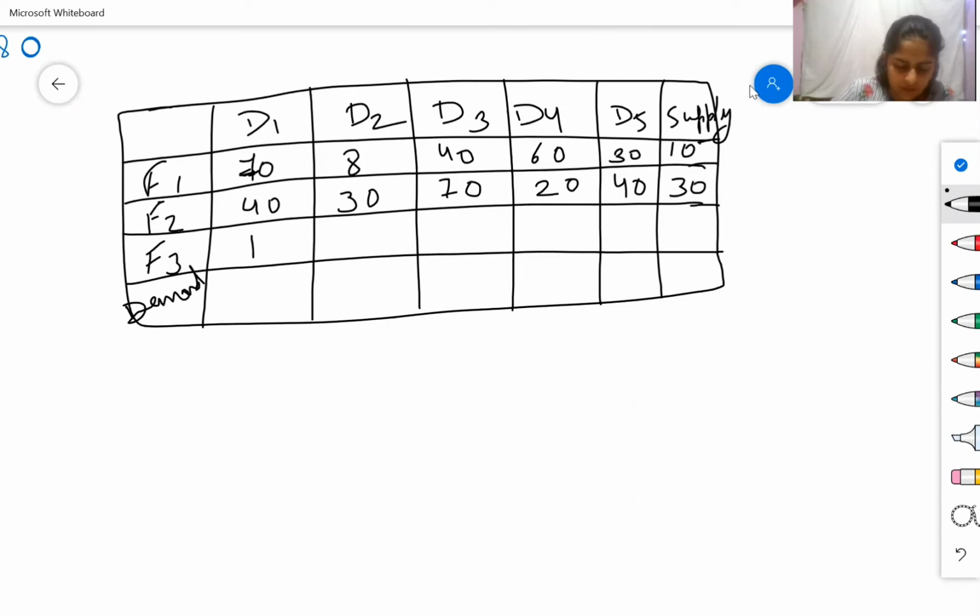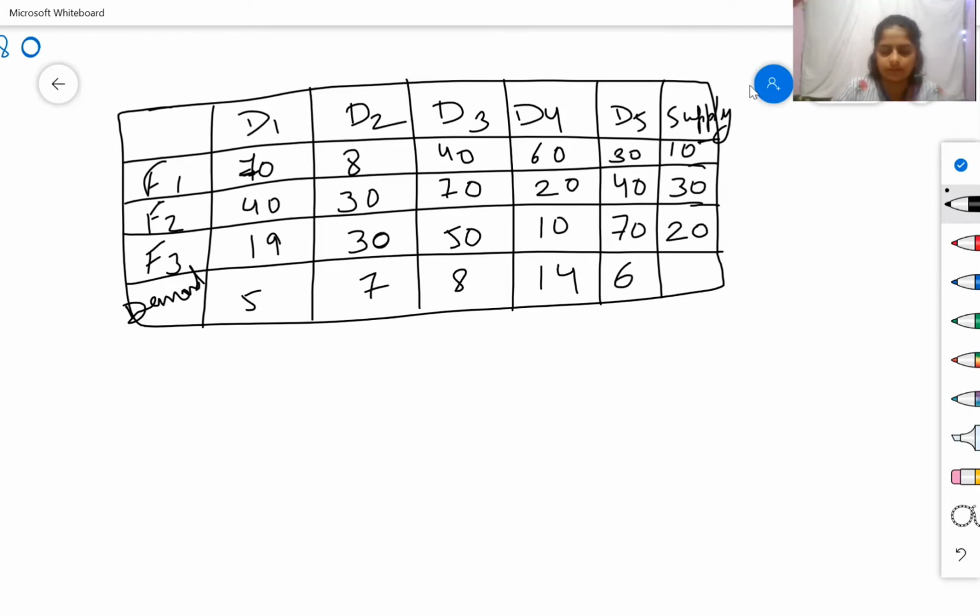We have 19 in F3 D1, 30 in F3 D2, 50 in F3 D3, 10 in F3 D4 and 70 in F3 D5, and the supply is 20 here. Demand is 5, 7, 8, 14 and 6.